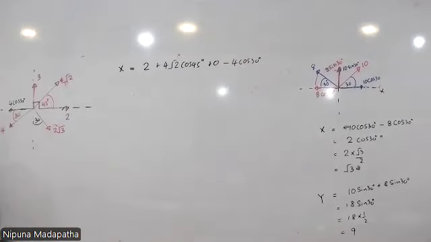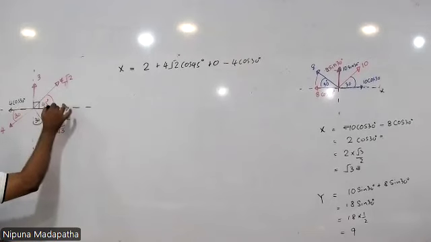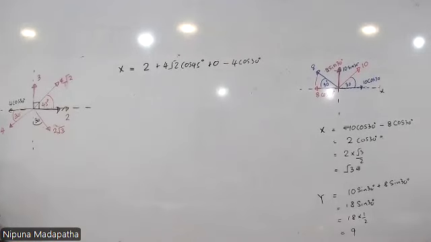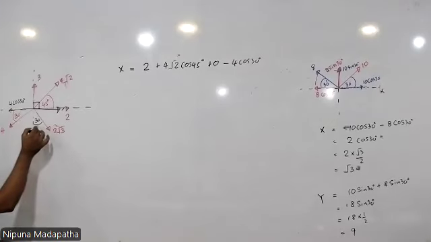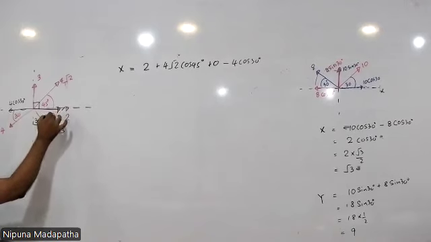Then come to this one. The component of this 2 root 2 along the positive x direction. The angle here is 30.